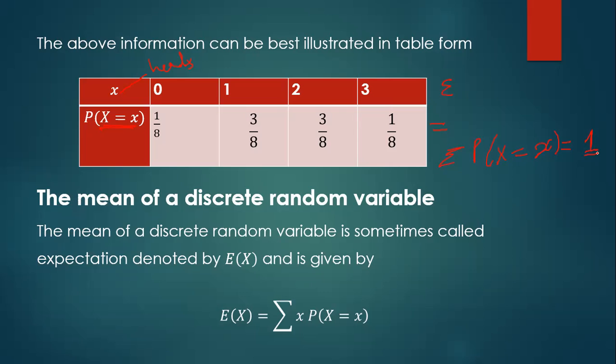The mean of a discrete random variable is sometimes called expectation and denoted by E of capital X. We define it as the summation of x times the probability values. Is that okay? Yes.